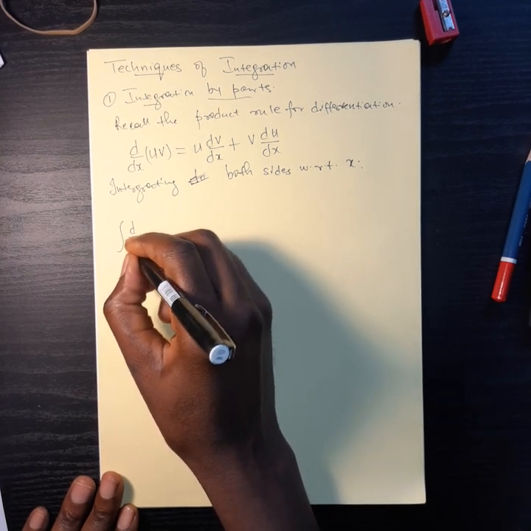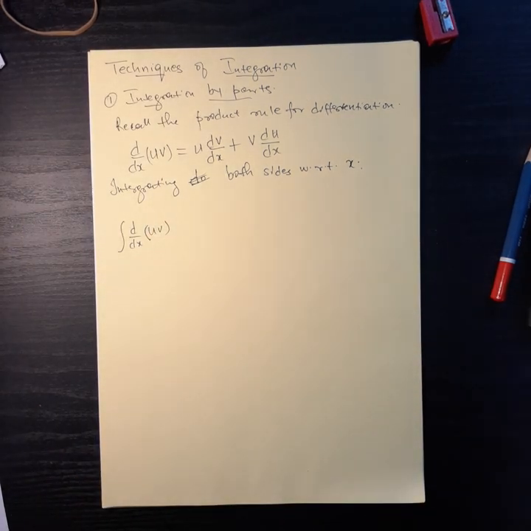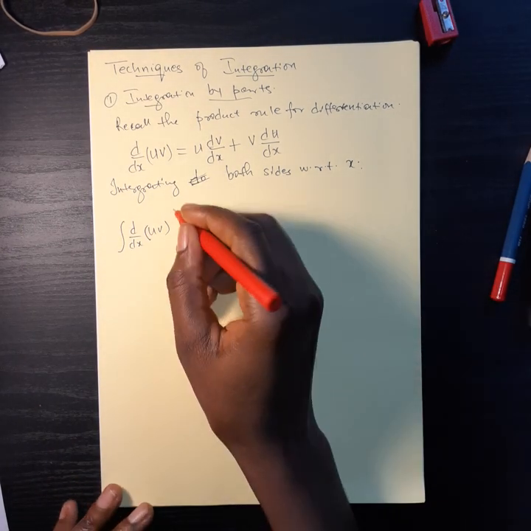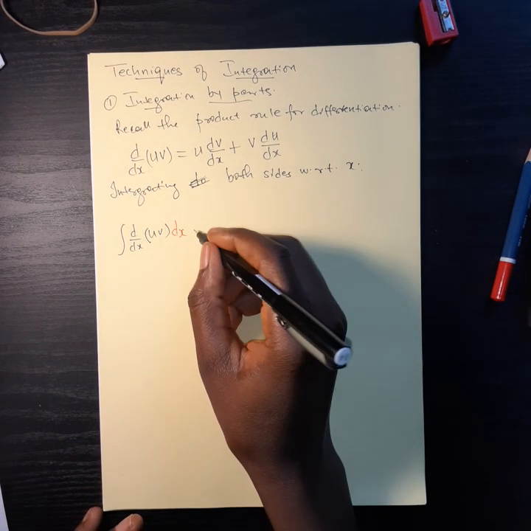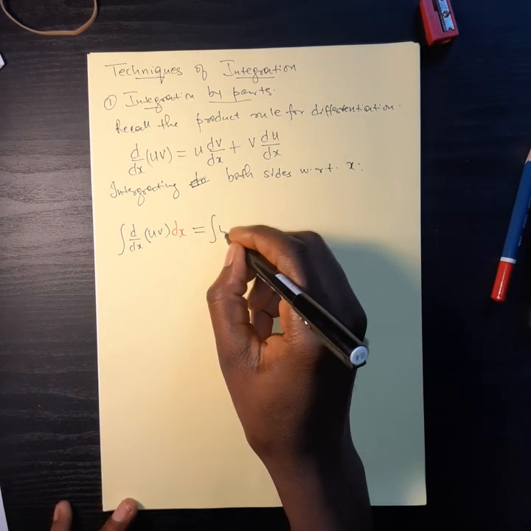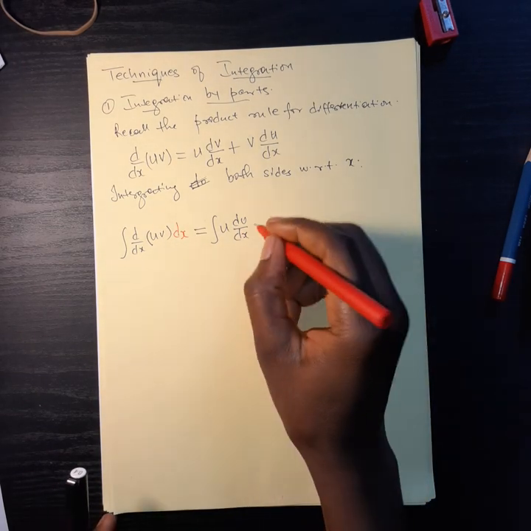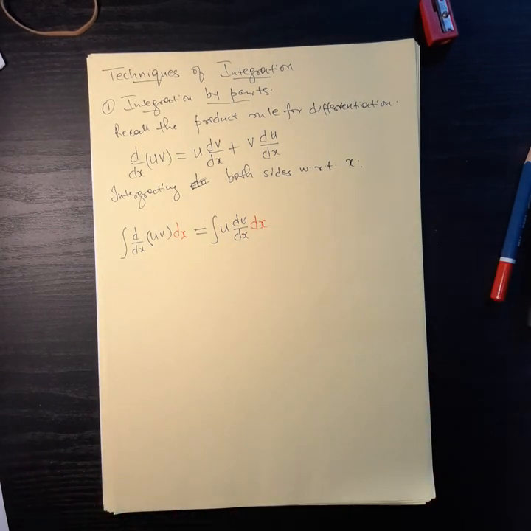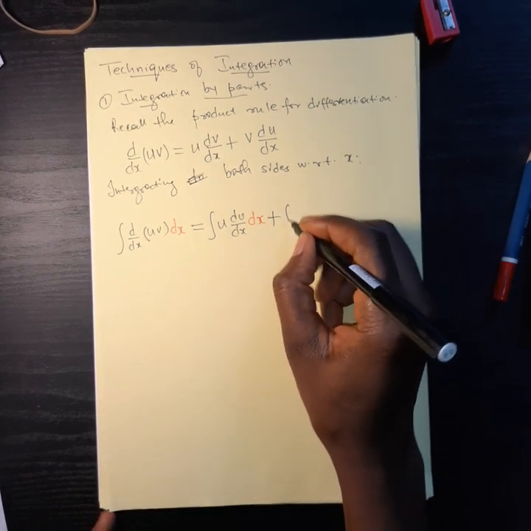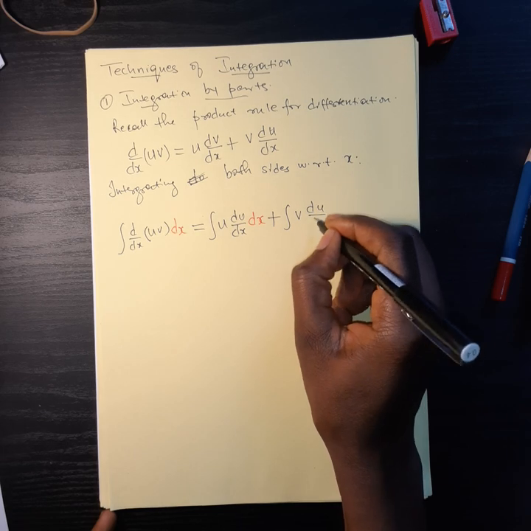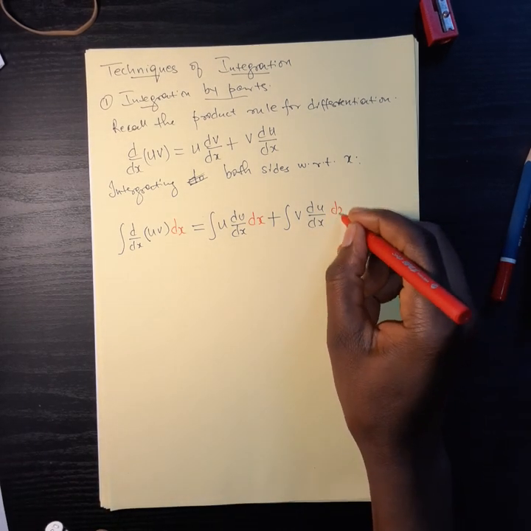We have d/dx of uv, and since we are integrating with respect to x, we will put dx that side. This will be equal to the integral of u dv/dx, integrating with respect to x, plus the integral of v du/dx, integrating with respect to x.